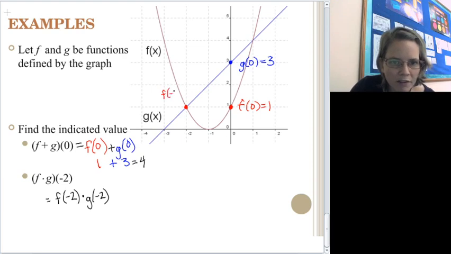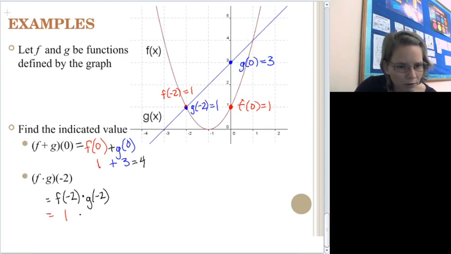So f of minus 2 is equal to 1. And it just so happens that g of minus 2 is in the same spot. So g of minus 2 is also equal to 1. And 1 times 1 gives me a final answer of 1.